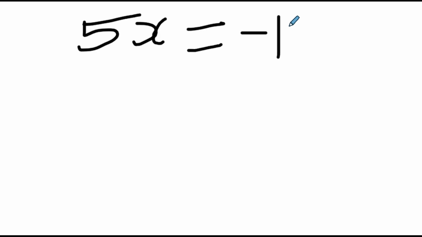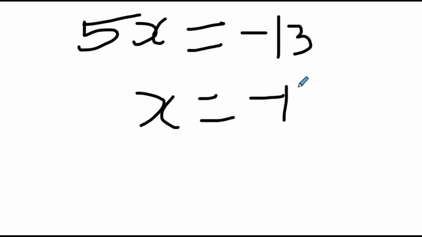Therefore I have 5x equals minus 13. x will be what now? Will be minus 13 all over what? 5.